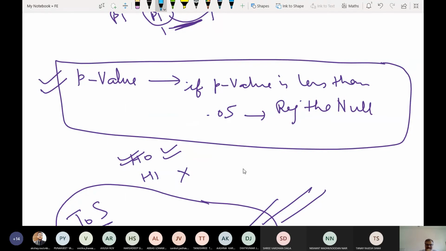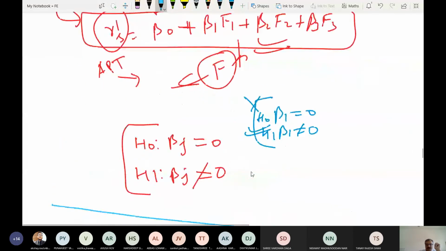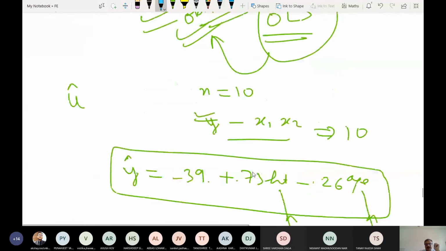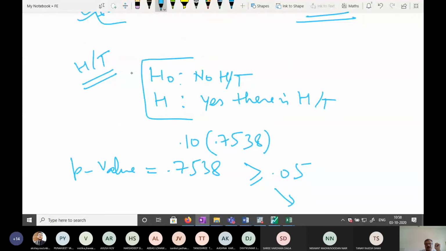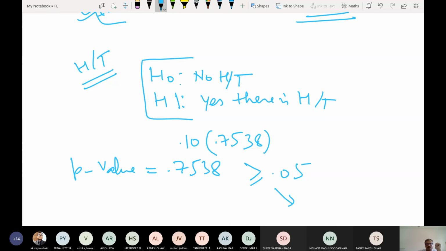Right now it is not, so we cannot reject the null. We do not have sufficient evidence to reject the null. In language, we say that the null cannot be rejected, so we have to consider it as if it has been accepted. So the no-heteroscedasticity assumption in the model cannot be rejected. We'll report that the model does not have the problem of heteroscedasticity.